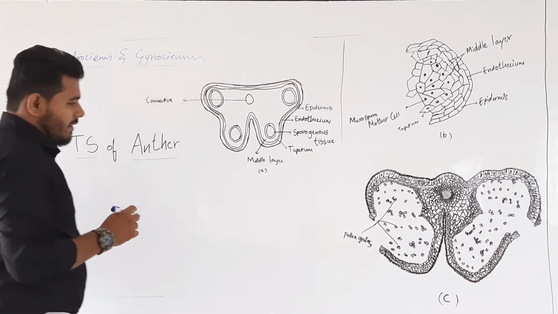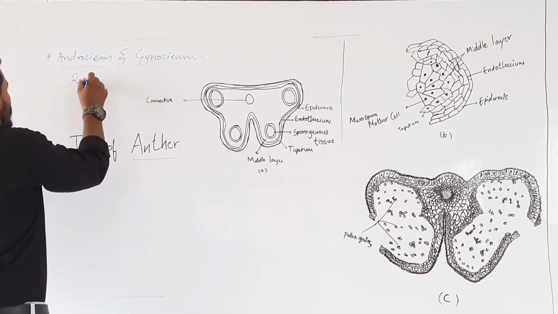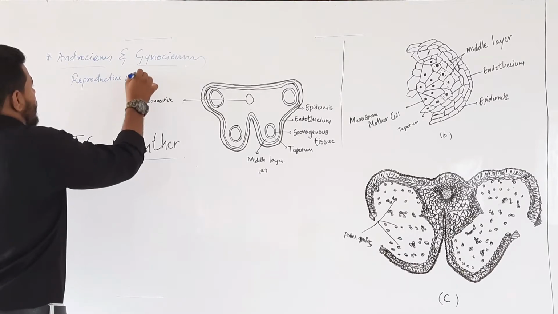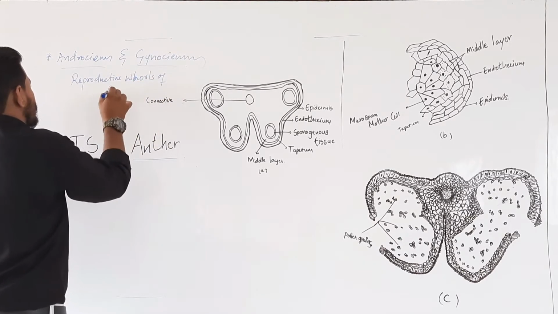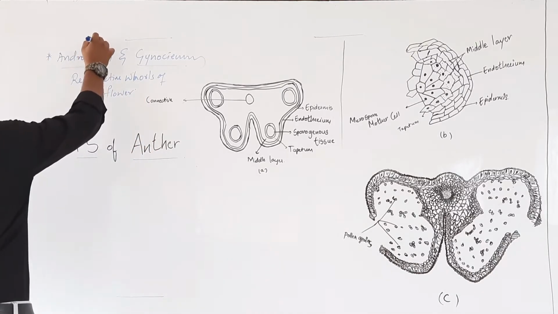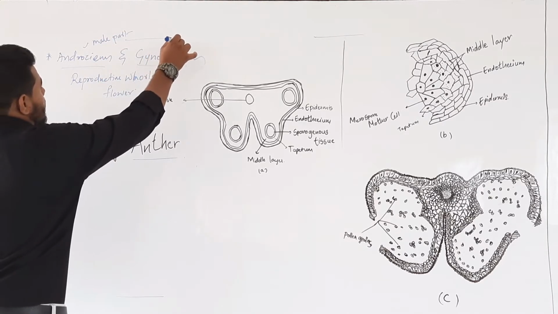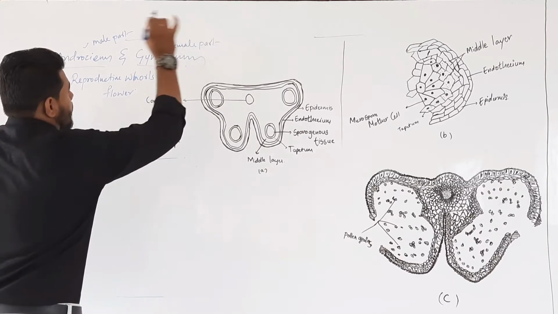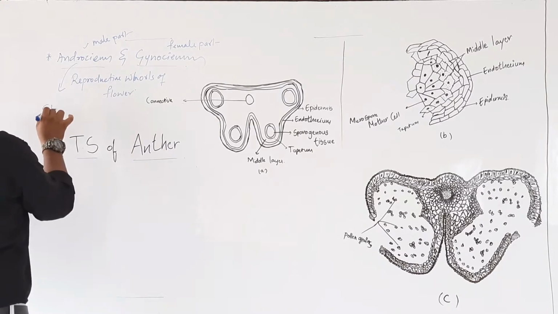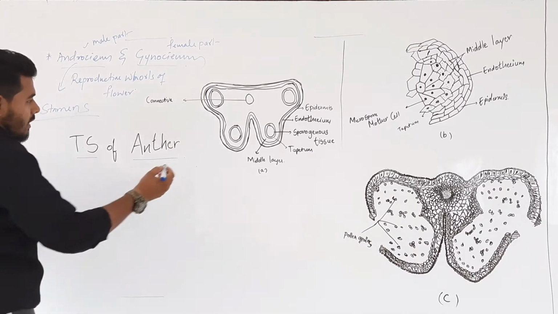Androecium and gynoecium are reproductive whorls of the flower, in which androecium is a male part and gynoecium is a female part, remember. This androecium consists of stamens. How does a stamen look like?